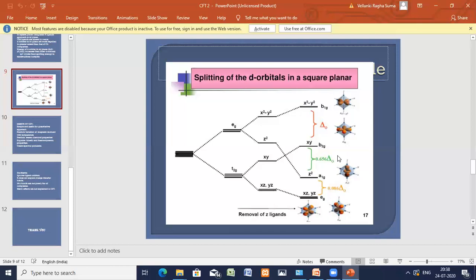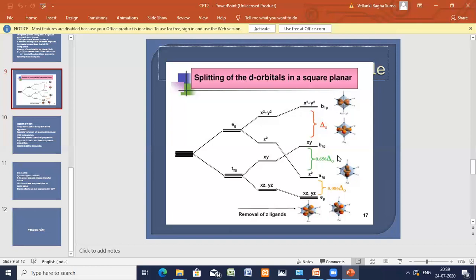The dxz and dyz orbitals are oriented between the xz and yz axes. There will be small repulsion between these orbitals and the orbitals of the ligands present on the x and y axes. Therefore, the decrease in energy of these orbitals is much less than the decrease in the dz square orbital.